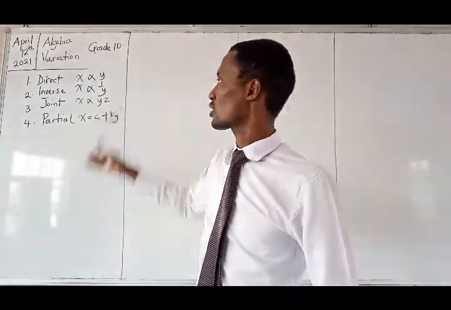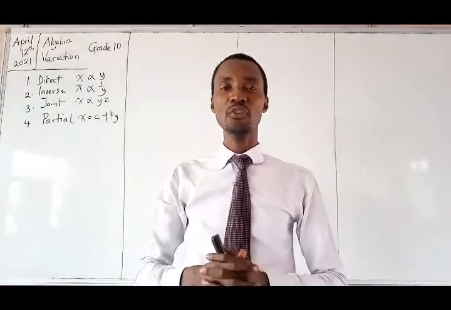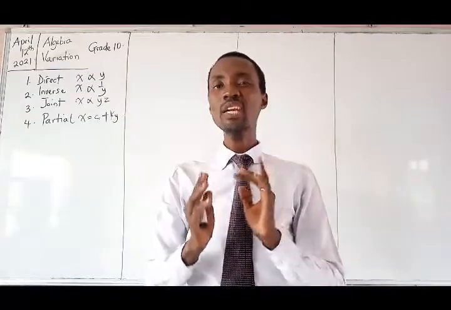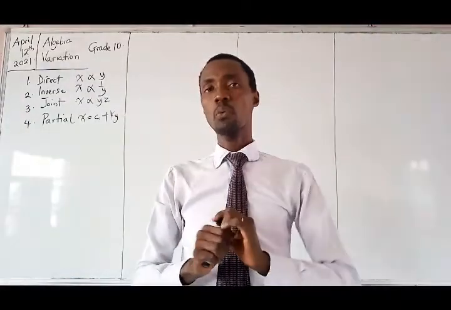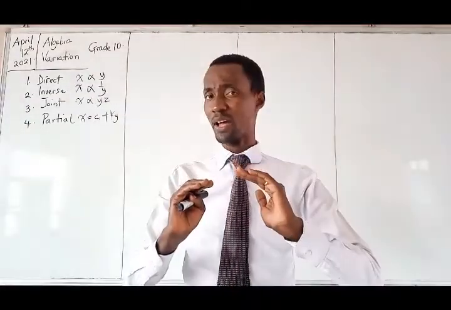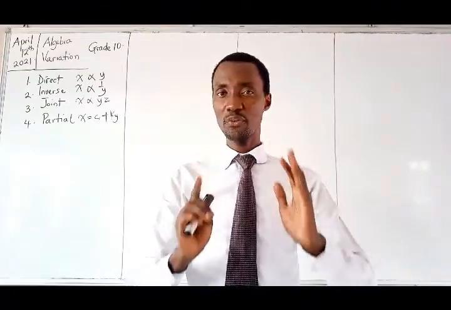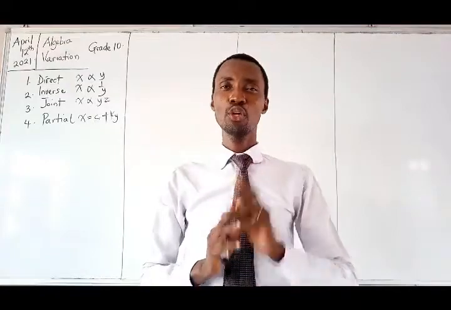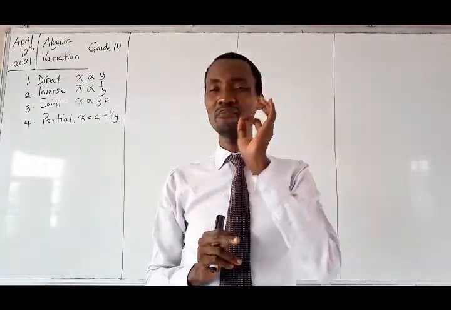So this gives us a summary of the four types of variation or relationship you can have between terms. So let's start with the first one, direct variation. Like I said, it's a very direct topic, but you really need to pay attention to very sensitive details.